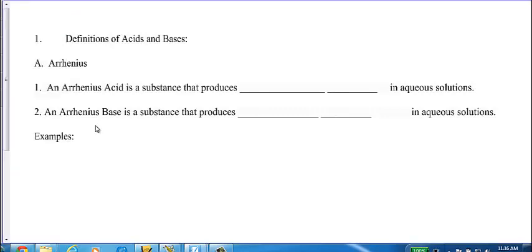So an Arrhenius acid is something that produces hydrogen ions as the only positive ion in solution. A hydrogen ion is abbreviated with an H+. So it's very easy to recognize an Arrhenius acid because H has to come first, or the Q group.